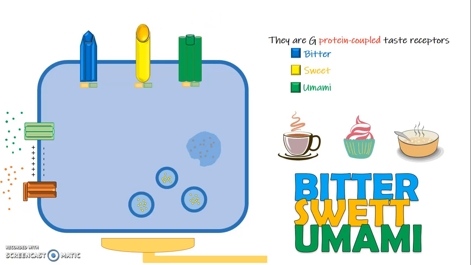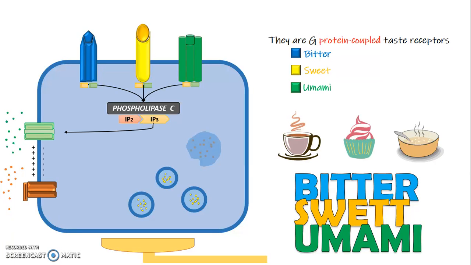When the tasting substances get in contact with the receptor, they activate the G protein coupled to them, which activates the phospholipase C enzyme. That causes the PIP2 to be converted to IP3. The IP3 opens sodium channels and also activates the internal calcium store.